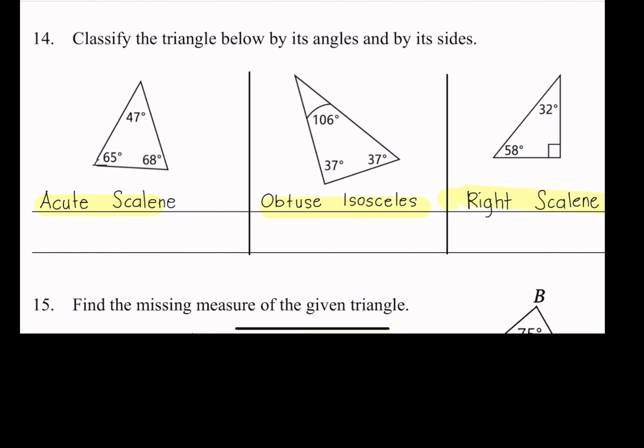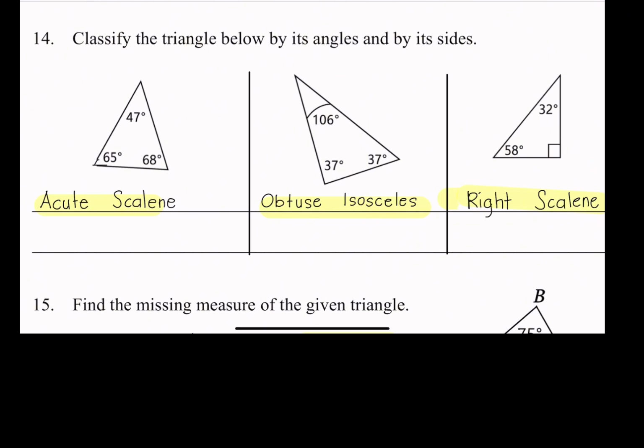And we can say it is obtuse when at least one angle is more than 90 degrees. We have 37 and 37, meaning 2 sides here are equal. And that means it is an isosceles. So this triangle is called obtuse isosceles.